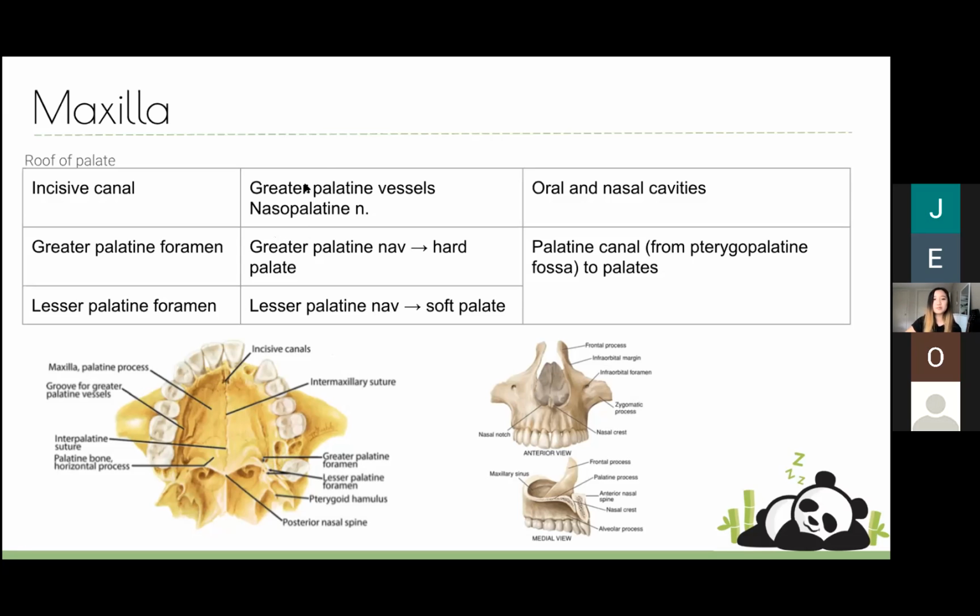And that's why your greater palatine vessels are also through the incisive canal. Your lesser palatine nerve, artery, and vein go from your lesser palatine foramen towards the back where your soft palate is. And then you've got all these little bits and pieces, which you don't really have to know as well.